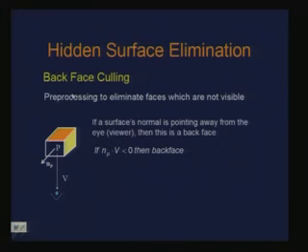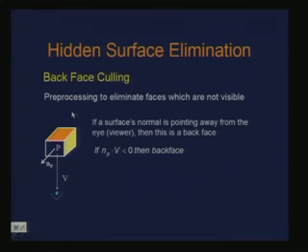Okay. So, now we look at another hidden surface elimination, which also you have seen in some other context, is what we call back face culling. So, what is back face culling?